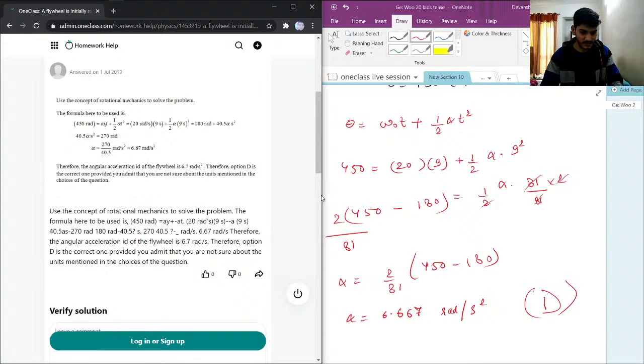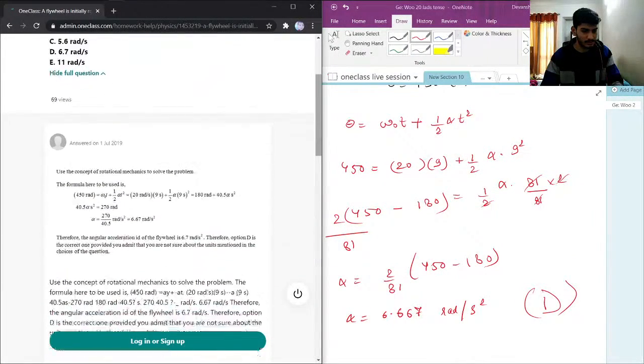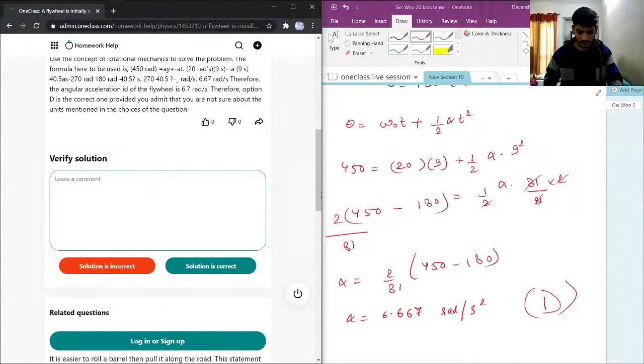Therefore option D is the correct one provided, though the units mentioned in the choices are not sure. So the solution is correct. Good work.